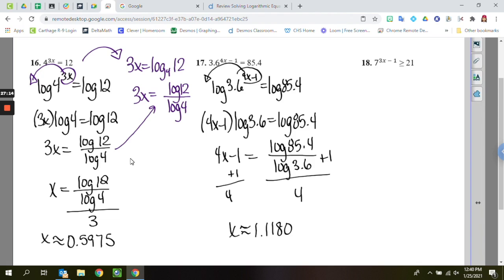The mistakes will happen if you forget to close the parentheses around this first part, the 85.4 on your calculator. And so as we're doing these, again, keep in mind, if I rewrite that as a logarithm, log base 7 of 21, we can't calculate that easily, so we change it out to change of base.